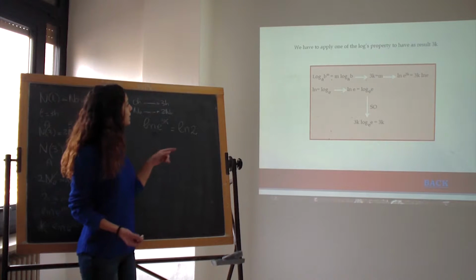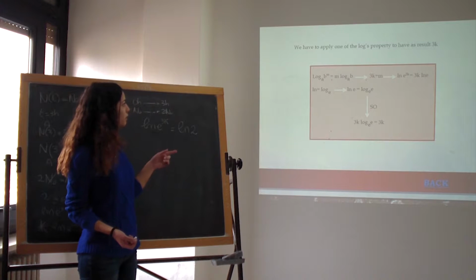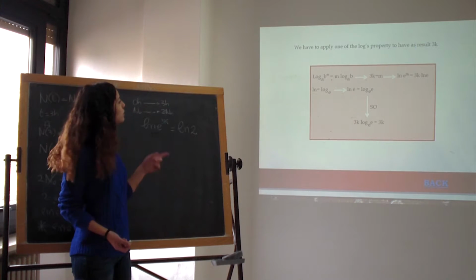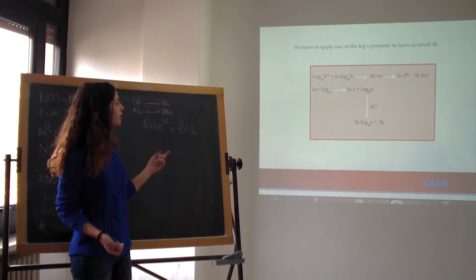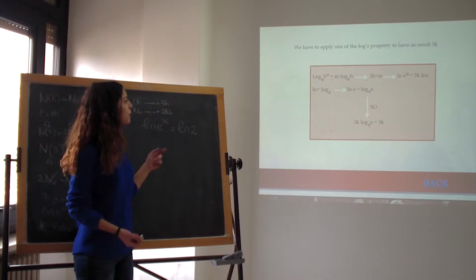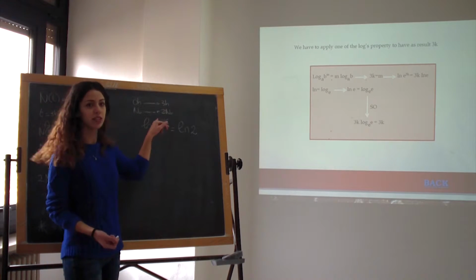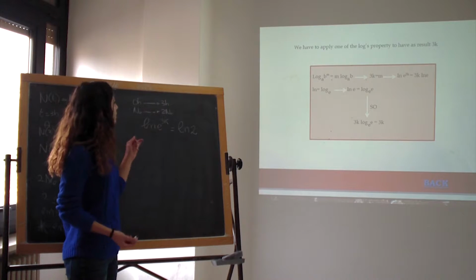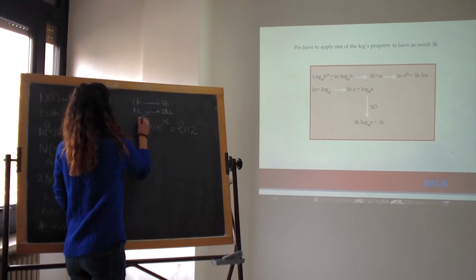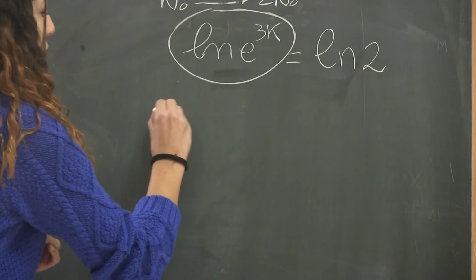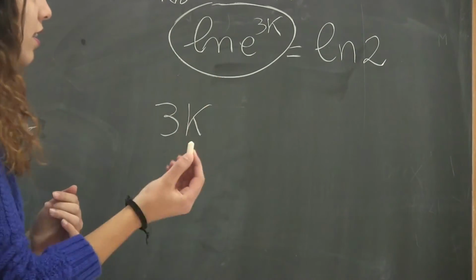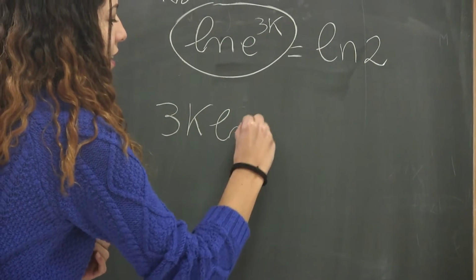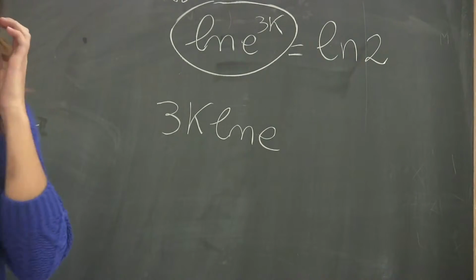So we know that the logarithm base a of b to m is equal to m times the logarithm base a of b, but in this case the exponent is 3k. So we can rewrite this as 3k times natural log of e.